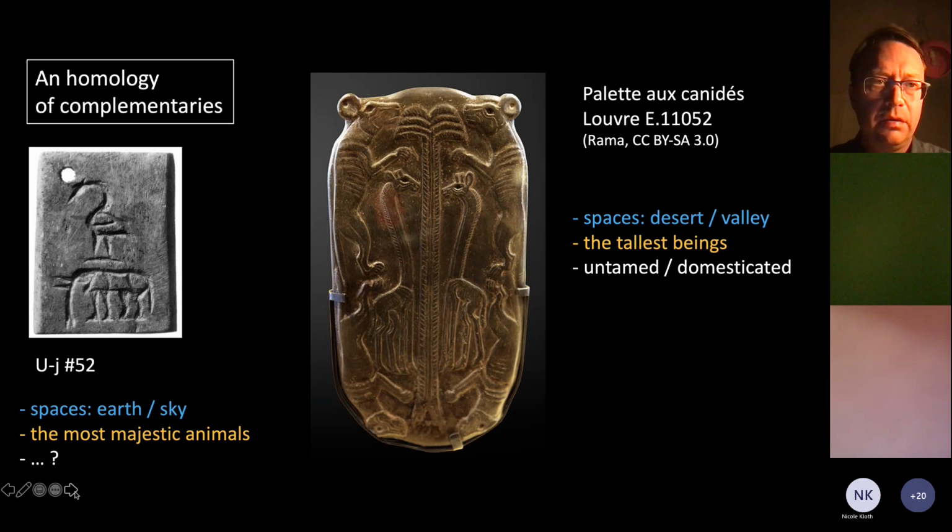So we have what I like to call an homology of complementaries. They are complementary things, the bird, the elephant, based on the habitat, but they're also homologous on the fact that they are both the most majestic animals, and there are probably more complementary dimensions and more homologous dimensions that we do not see.